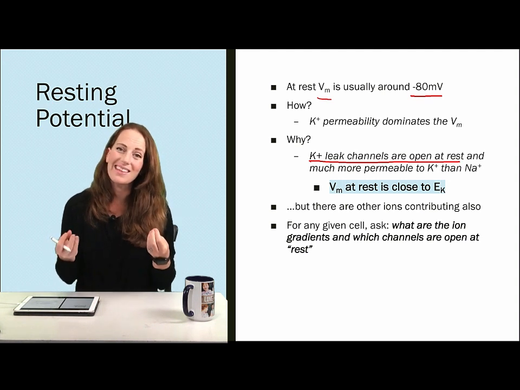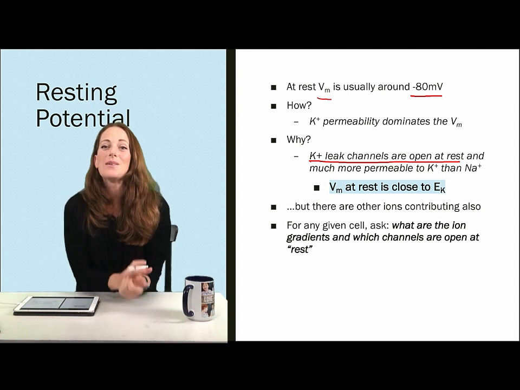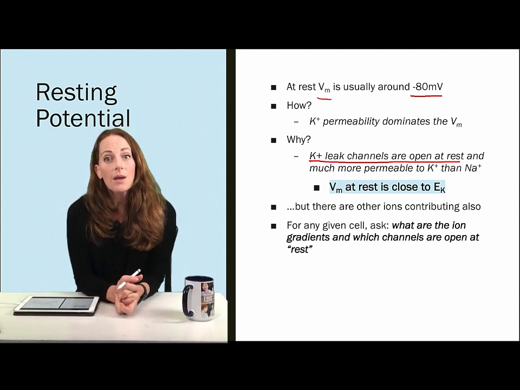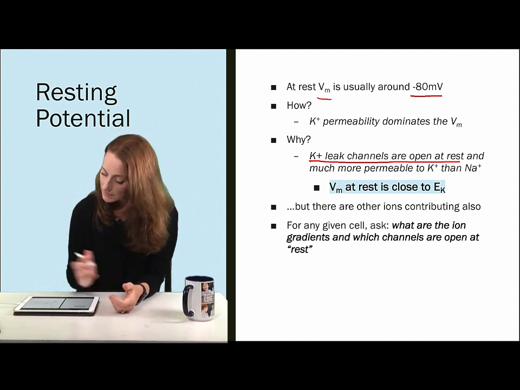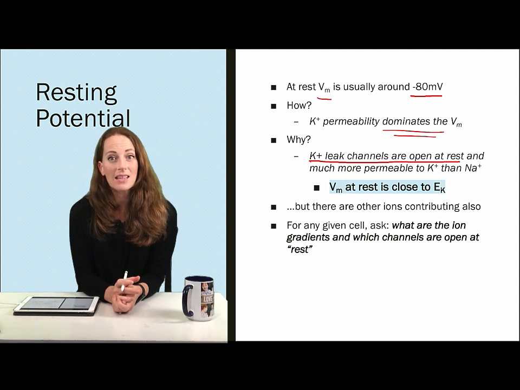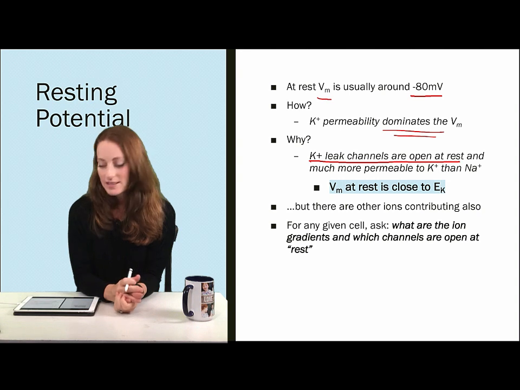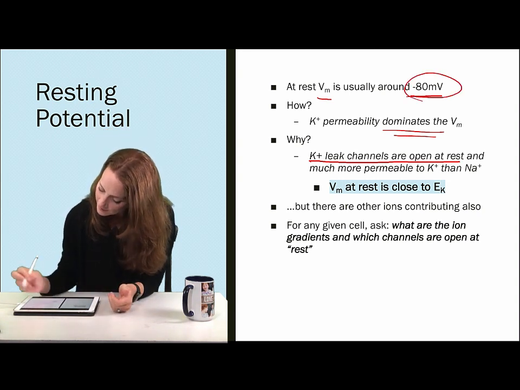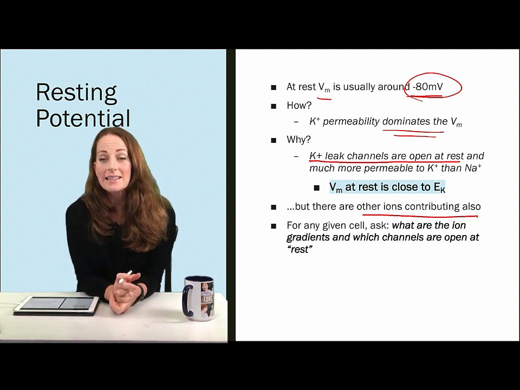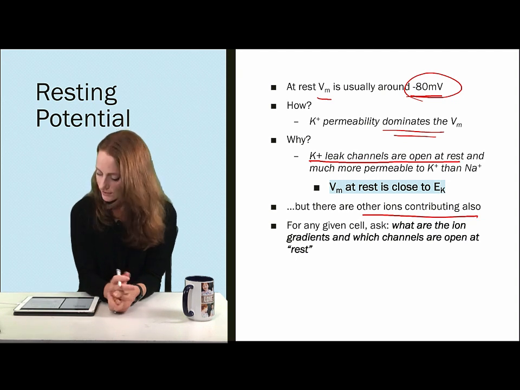But it doesn't quite get there because there are other ions that have slight permeabilities in the membrane at rest. So the equilibrium potential for potassium is dominating during the resting phase, meaning when the cell is just sitting there waiting for a stimulus. There are other ions contributing, which is why it's not identically the equilibrium potential for potassium, but it's very close.